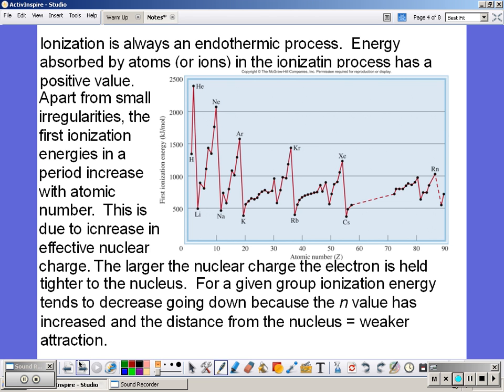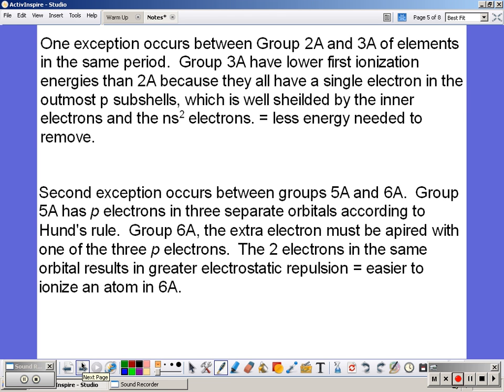For a given group, as you go from top to bottom, the ionization energy tends to decrease because you're increasing your n value, or the energy levels are increasing. So the electron is farther from the nucleus, so there's a weaker attraction. One exception occurs between groups 2A and 3A, the elements in the same period. Group 3A has lower first ionization energies than 2A.